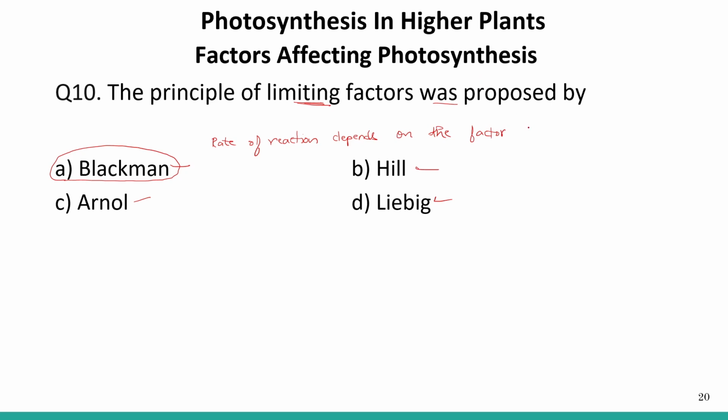Alright, factor that is present in suboptimal level, or you can say shortest supply, or you can say shortest level. This is known as the Blackman law, or Blackman's principle of limiting factors. Okay, correct option is answer A.